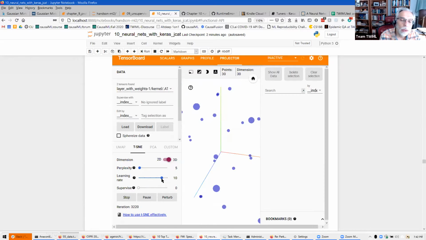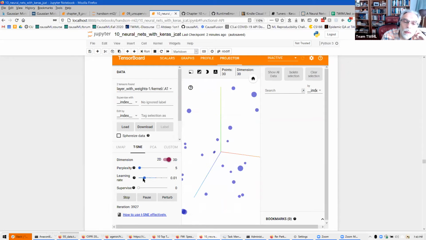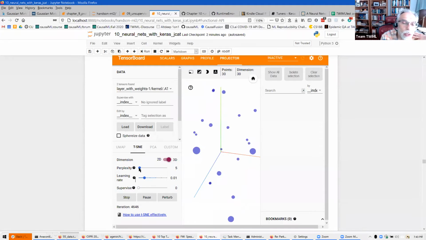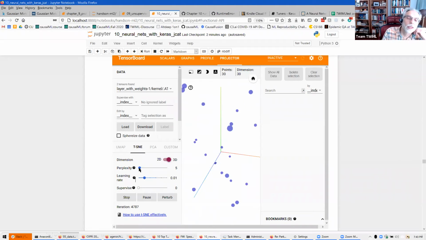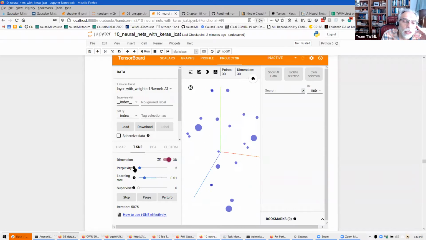Oh, this is an adjustment of the learning rate. Huh. So sure. Perplexity. This isn't an NLP model, so I don't understand what they mean by perplexity.